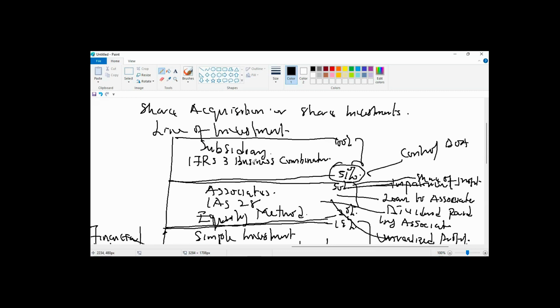We have IFRS 10, consolidated financial statements, which lays emphasis on control. We have IAS 27, separate financial statements.